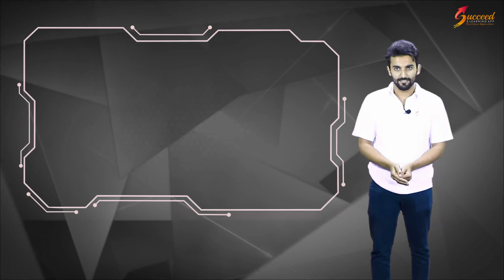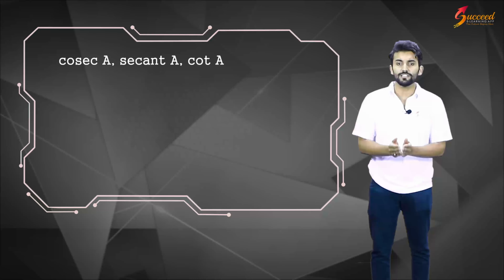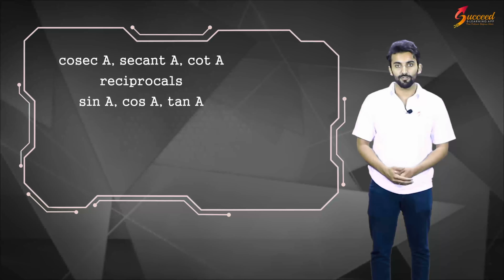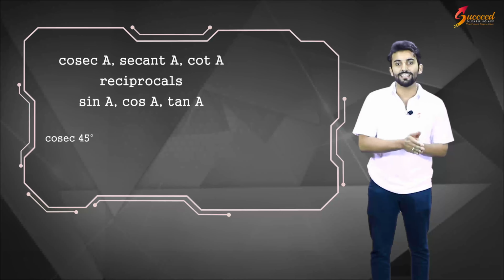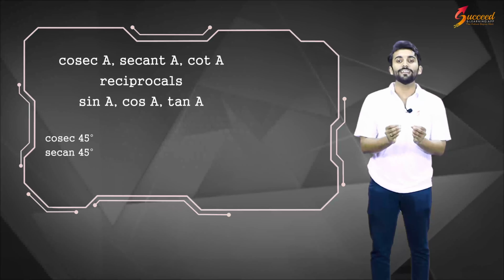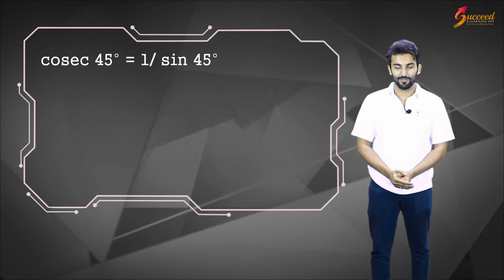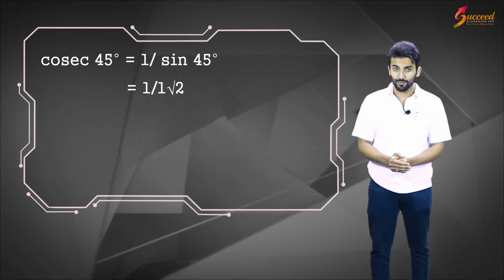Now, we know that cosecant A, secant A, cot A are respectively reciprocals of sin A, cos A and tan A. Therefore, it is very easy to find out the values of cosecant 45 degree, secant 45 degree and cot 45 degree. Now, let us find it out. Cosecant 45 degree is equal to 1 by sin 45 degree, which is equal to 1 by 1 by root 2.